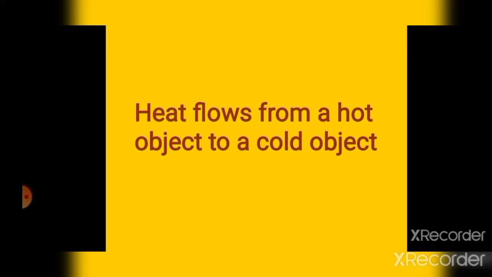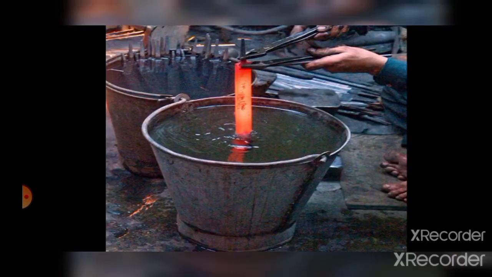That means no heat will be transferred from one object to another if the temperature of the objects is the same. For example, if an iron ball at some temperature is dropped into a bucket containing water at the same temperature, then heat will not flow either from the iron ball to water or from water to the iron ball.